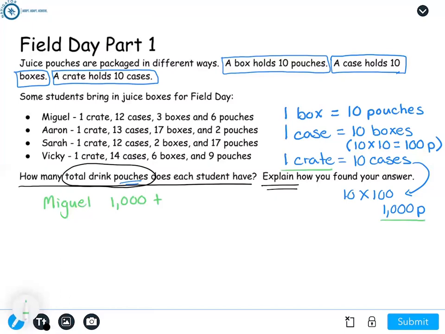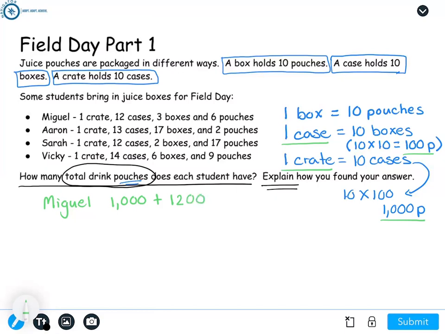And we can see that one case is equal to 100 pouches. So 12 100s would be 1,200. 12 hundreds, or 12 times 100, which is 1,200.